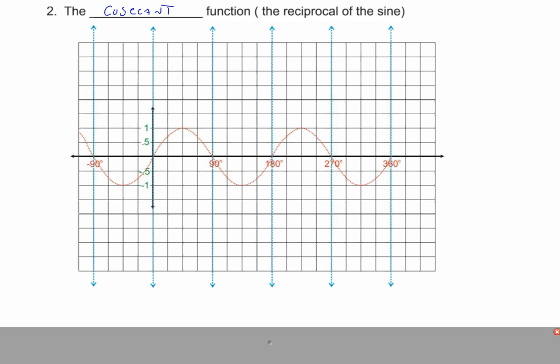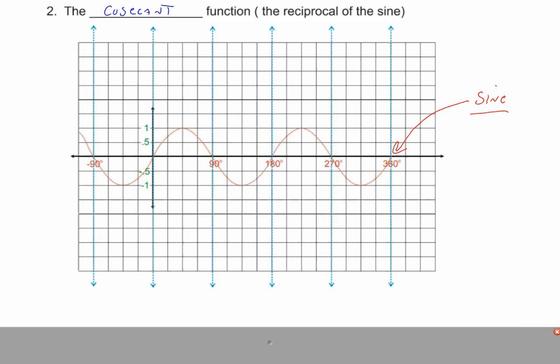So do you guys see that here in red I have the sine function? The sine function is not the cosecant function, but the sine function allows us to graph the cosecant function. Okay, so that's our normal sine.